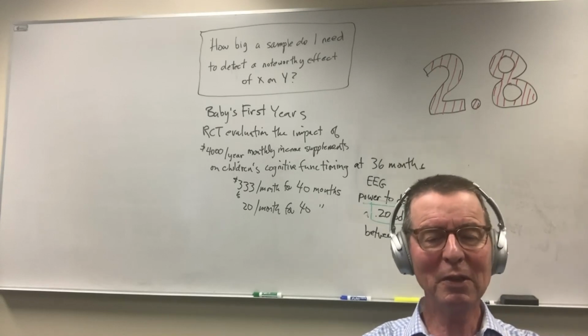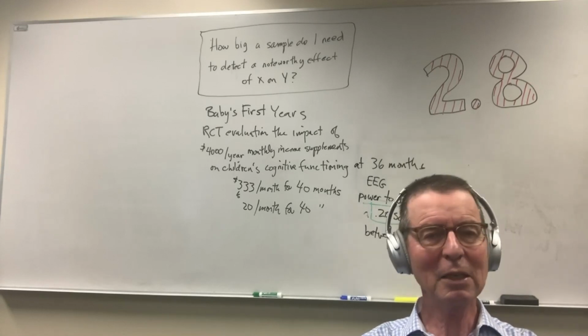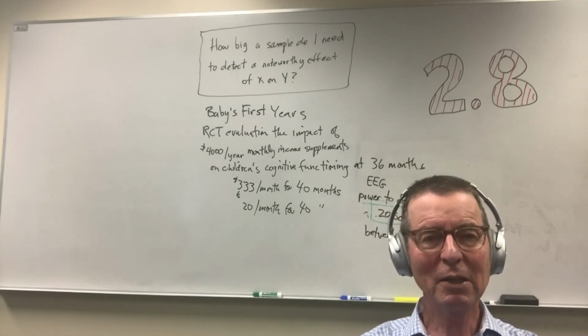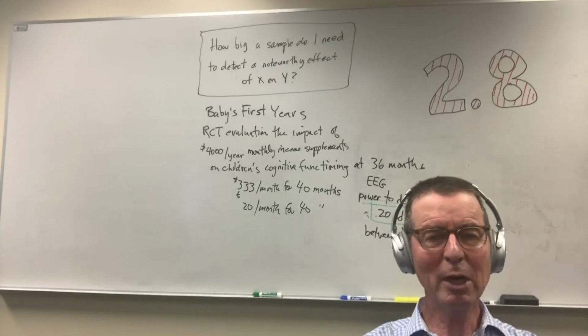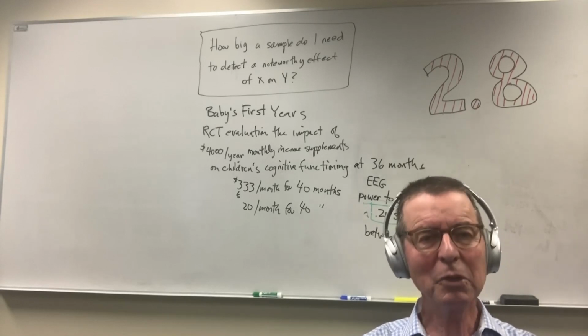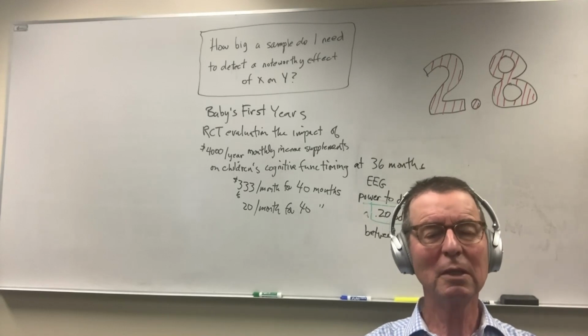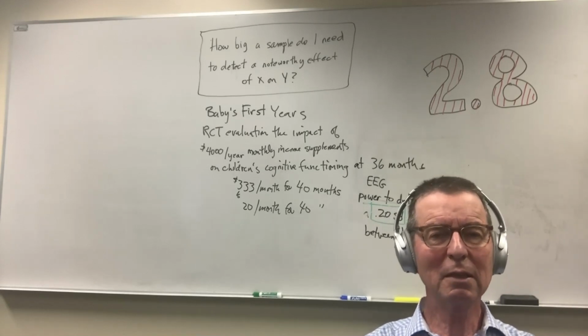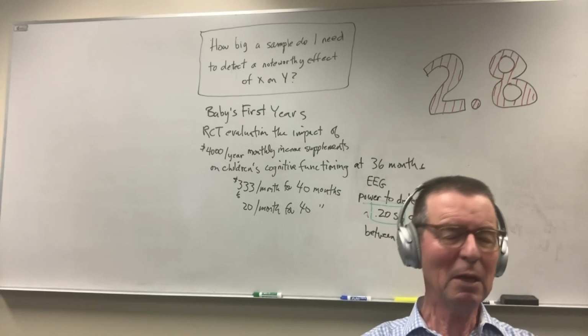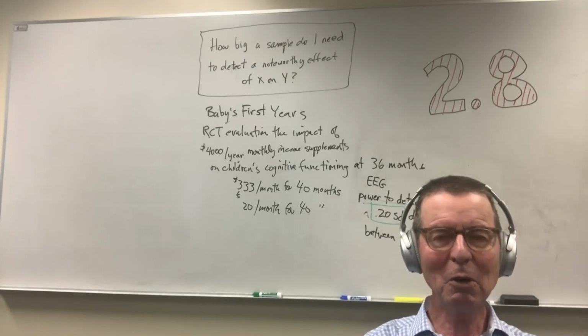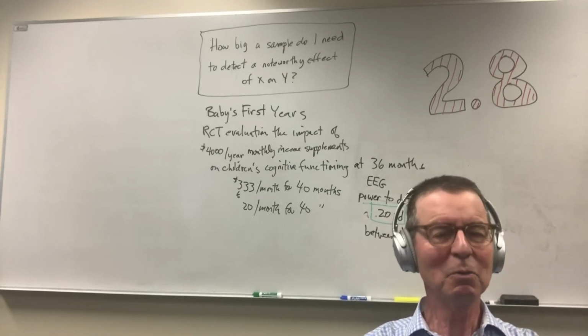Run that regression in the data set you've got at hand. Look at the standard error on your independent variable of interest, multiply by 2.8, and that will tell you whether this 200 case data set is going to work. You have to subset that data set down to 200 cases, run the regression, see what the standard error is.